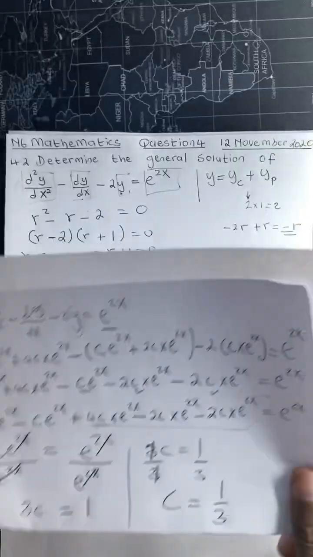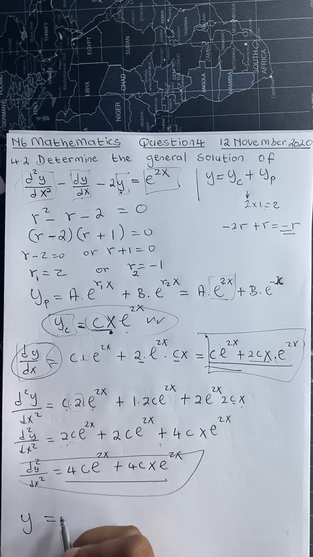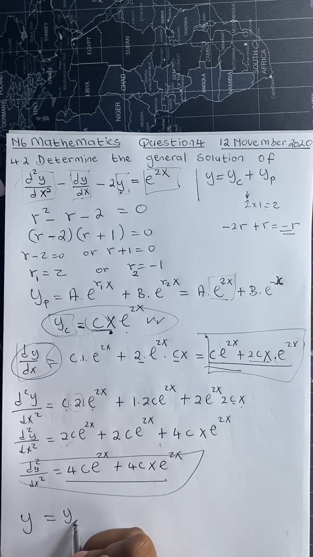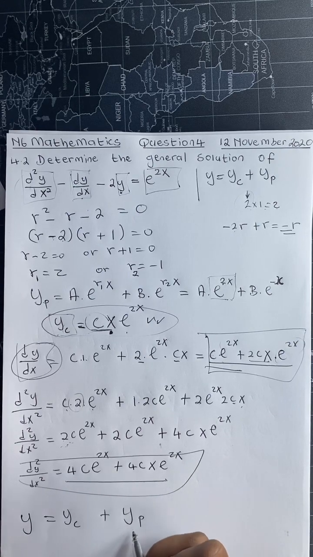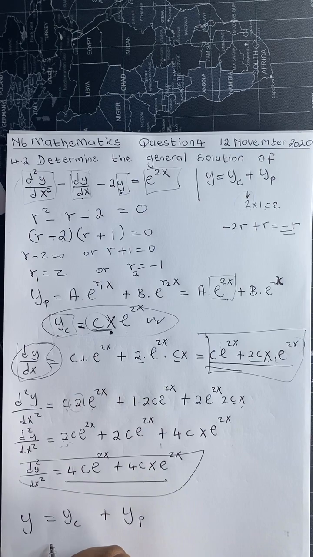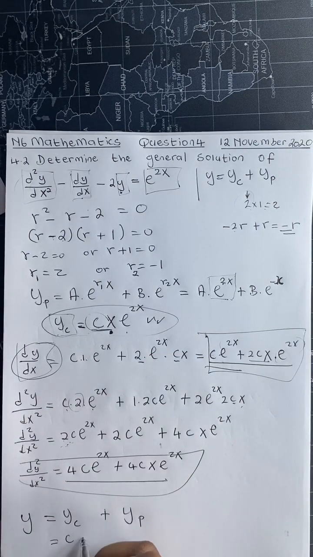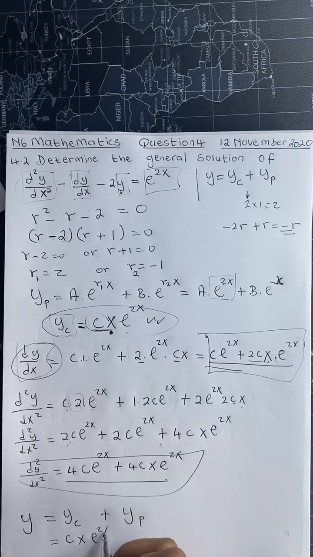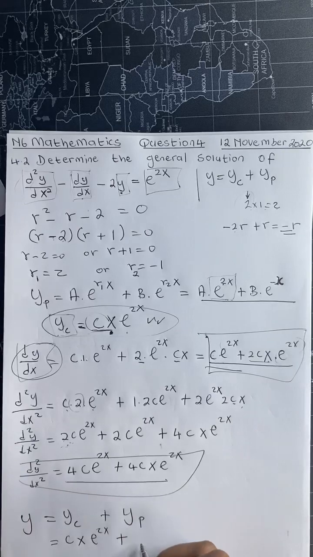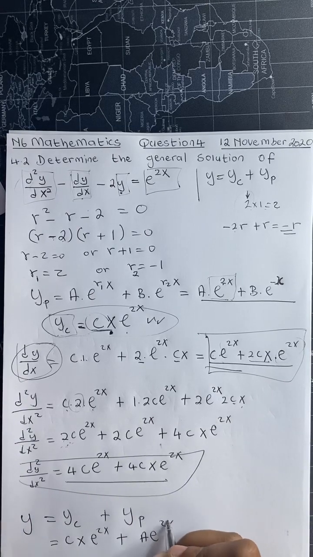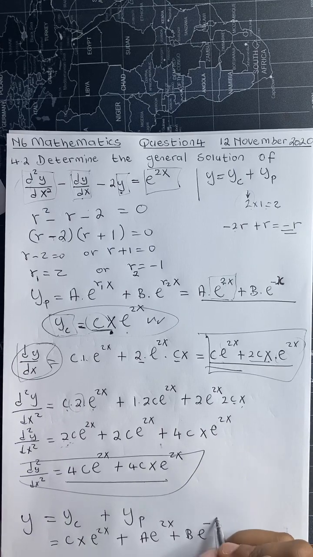So the full solution will be equal to the complementary solution yc plus the particular solution yp. So the complementary solution is equal to a e raised to the power 2x plus b e raised to the power negative x, and the particular solution is equal to cx e raised to the power 2x.